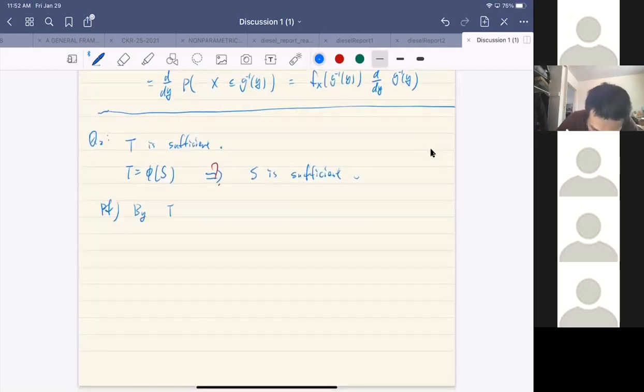By the factorization theorem, we know that the density of X conditioned on theta can be written as a function g of theta and t, and another function h of x.